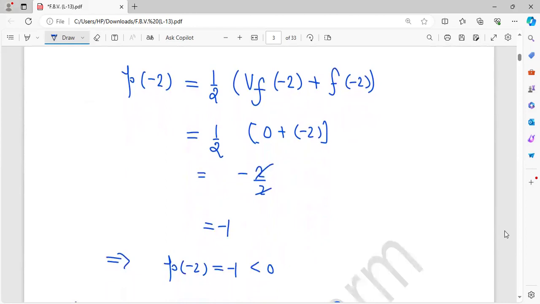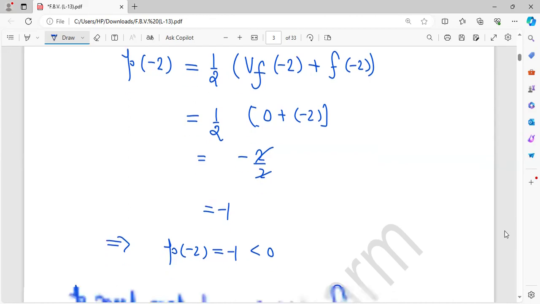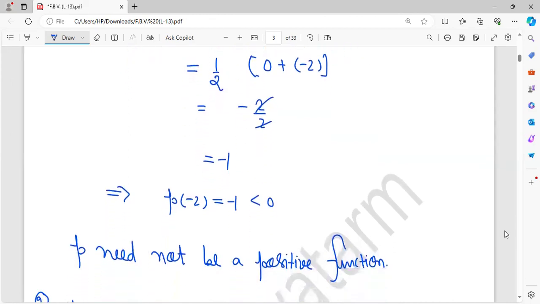So this is -2 upon 2, that is -1. But -1 is negative. Although P has the name positive part of F, in actual it is giving a negative value. So saying that P is a positive part does not imply that P is a positive function. P need not be a positive function.